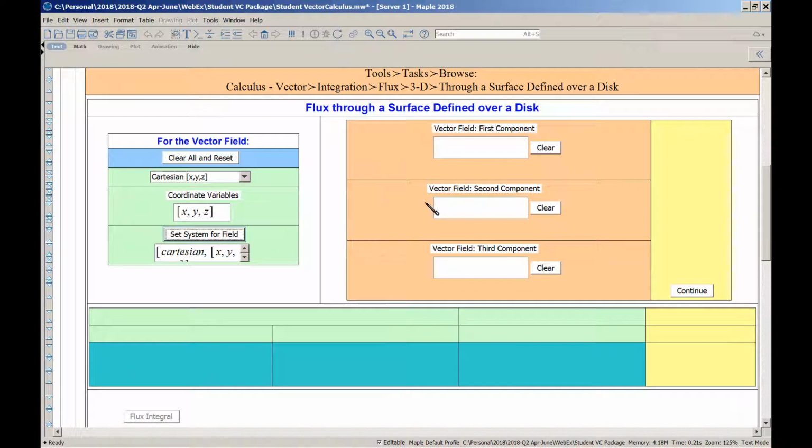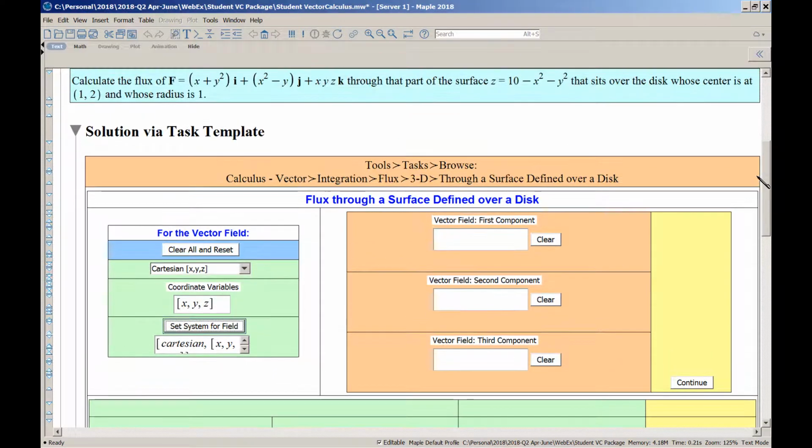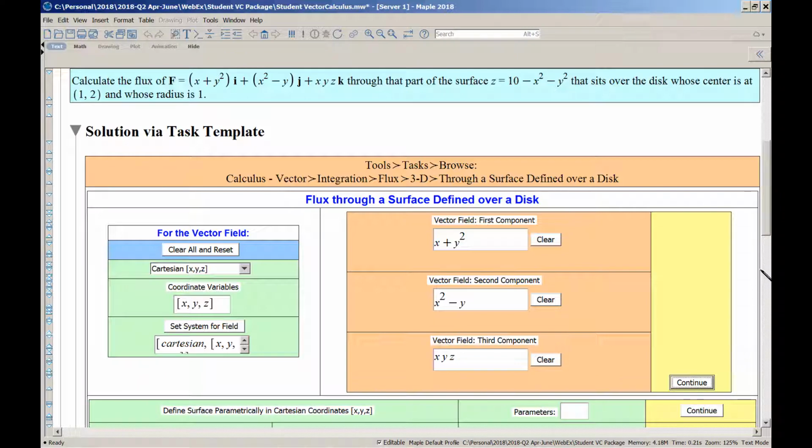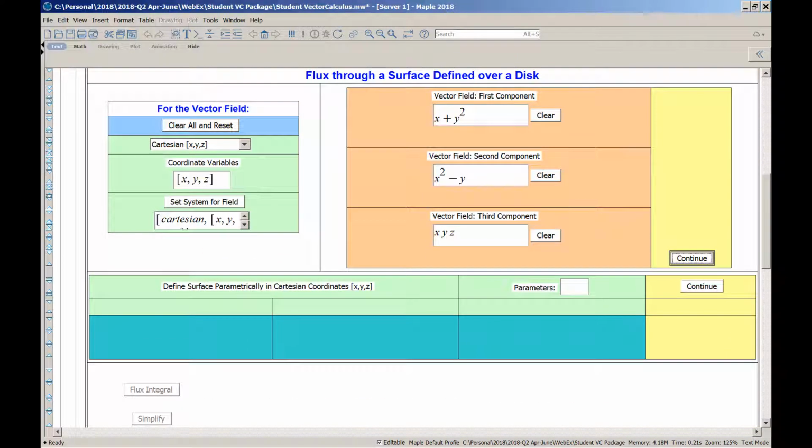Set that system, and now we have to put in the components of the vector field. This is x plus y squared. This is x squared minus y, and this is xyz. Then you click continue, and then more fields open up. Okay, so what are the parameters? The parameters are x and y.